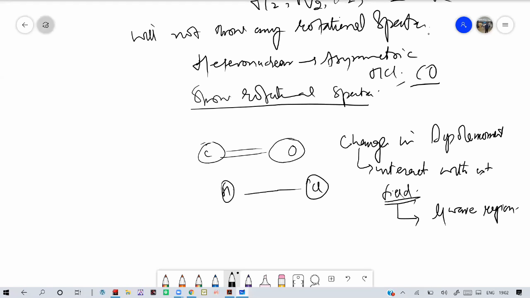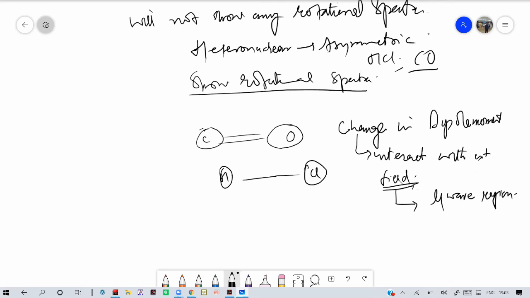So microwave has a range of wavelength from 1 centimeter to 100 micrometers.